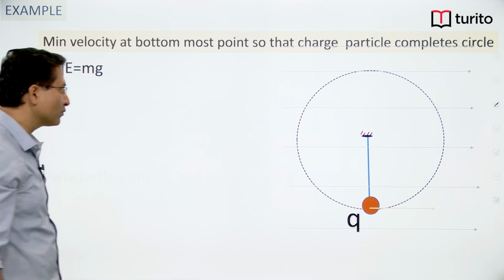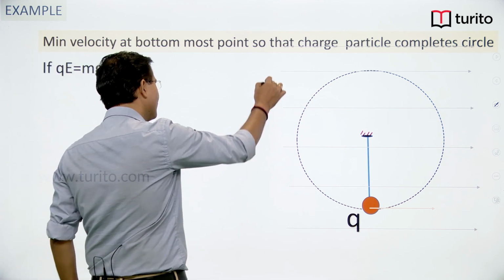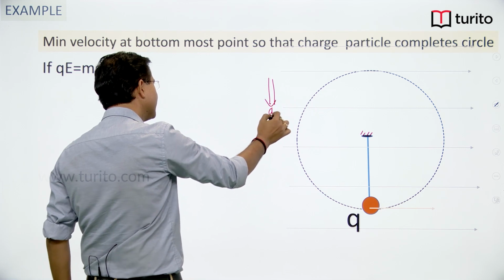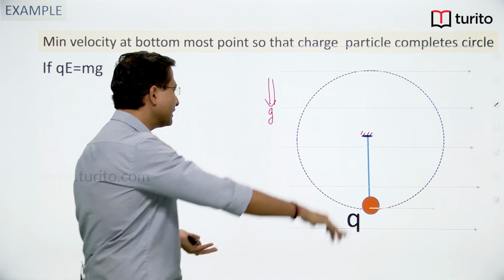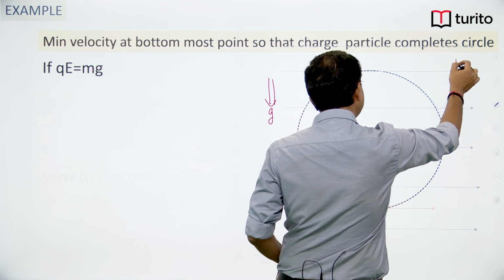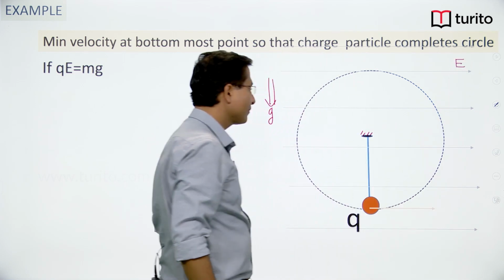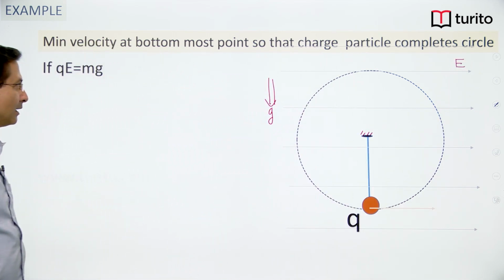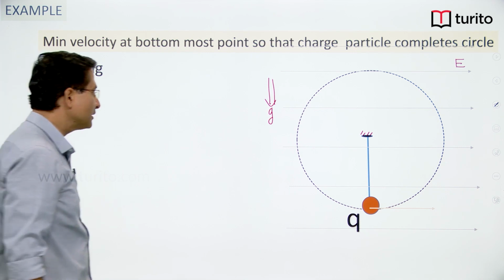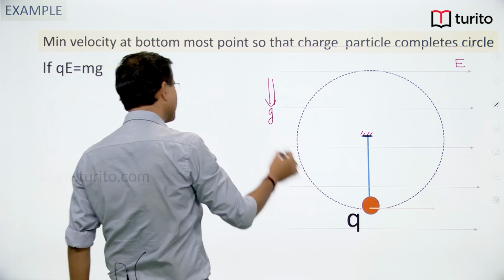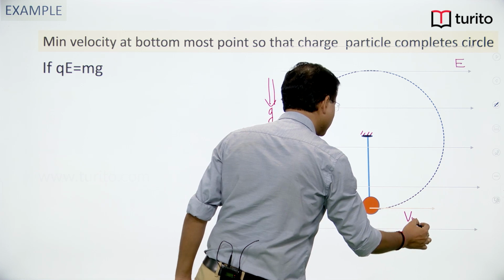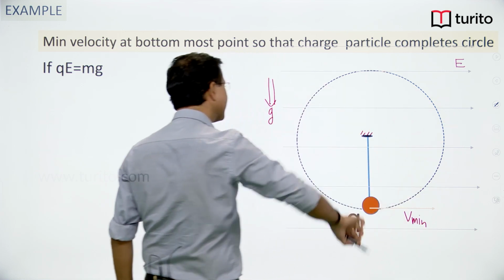In vertically downward direction we have G, and in horizontal direction we have field E. And I want to find out what should be the minimum velocity at the bottommost point so that particle can complete the circle.